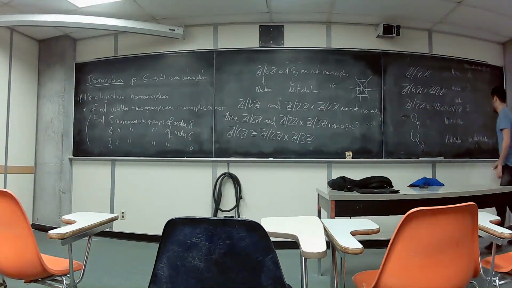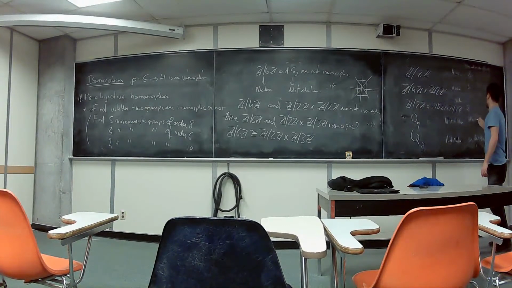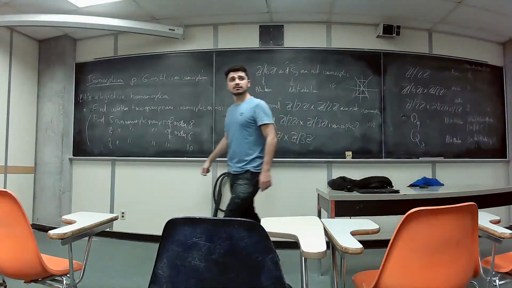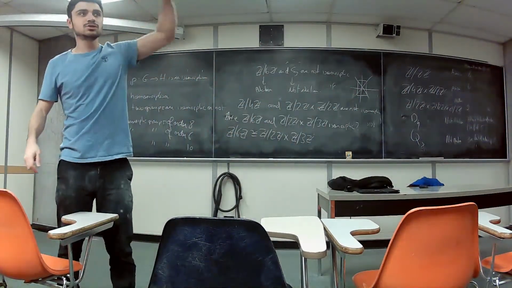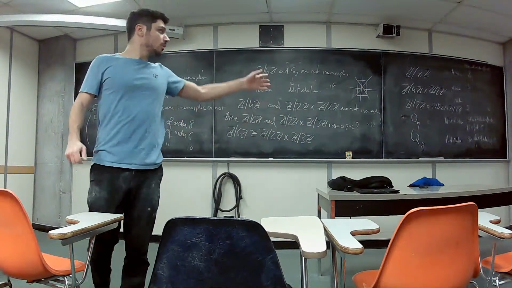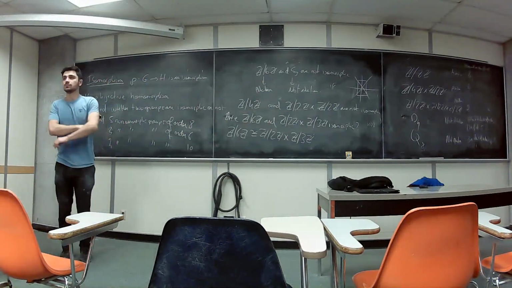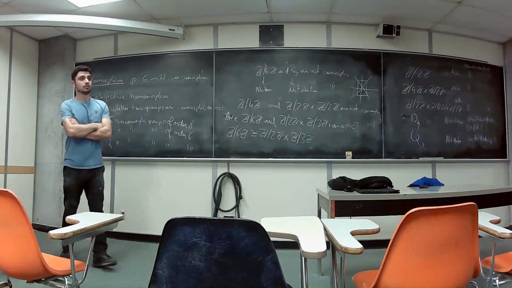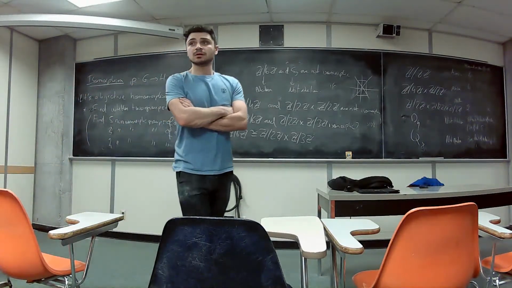Exactly. You see that? You have the 4 reflections and the rotation squared. All of these are elements of order 2. So are these isomorphic? No. Okay, is that clear?